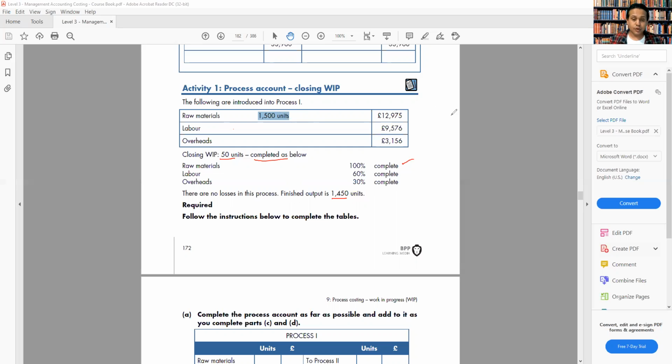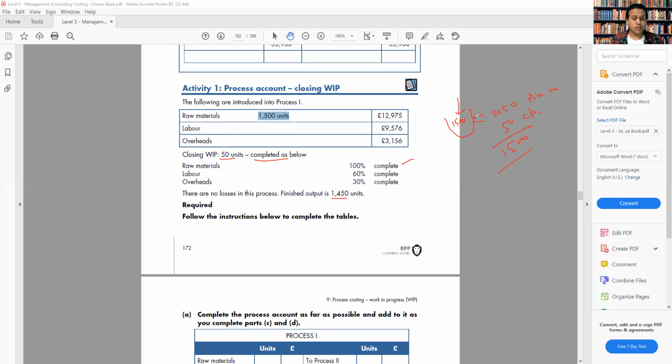So I put 1500 kilos in the machine, 1450 come as the actual output and 50 come as closing inventory. So there is no loss. I put 1500 kilos, the output is 1500 kilos.